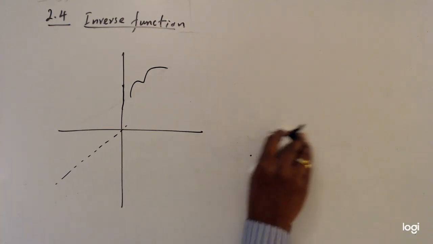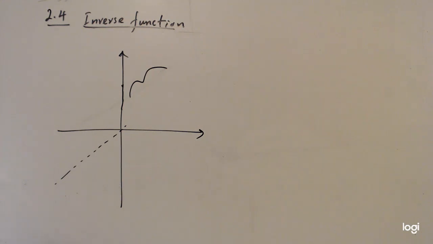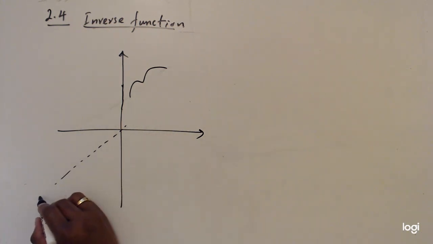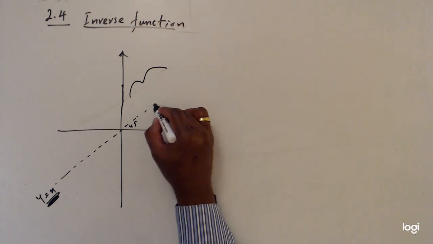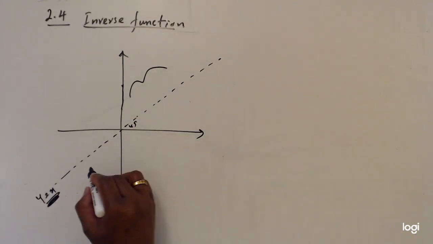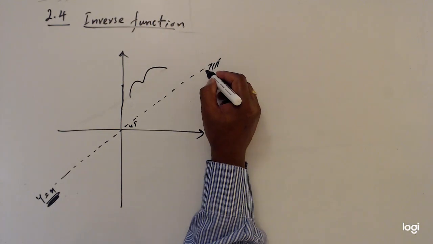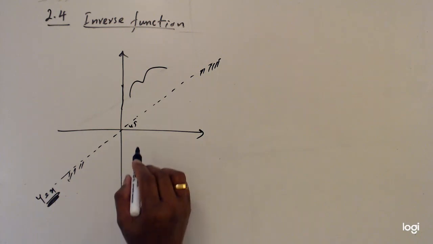Now if we have just the graph only, how do we find the graph of the inverse function? We can find it using the line y equals x, the 45 degrees line from the x-axis. If you bring a mirror and keep it on this line, that's how we usually make a mirror reflection.